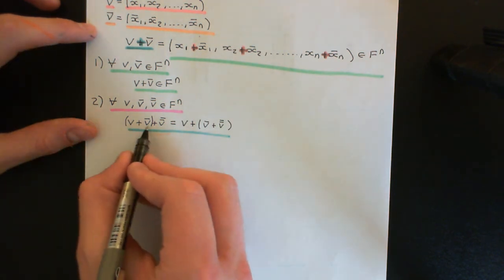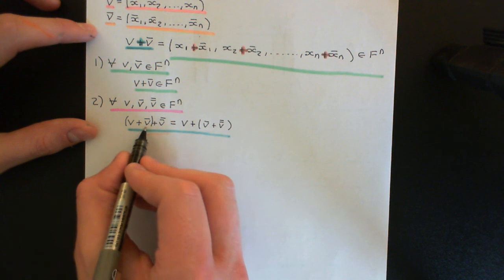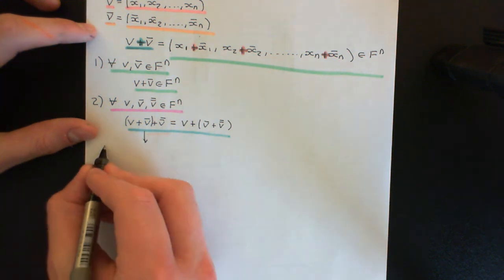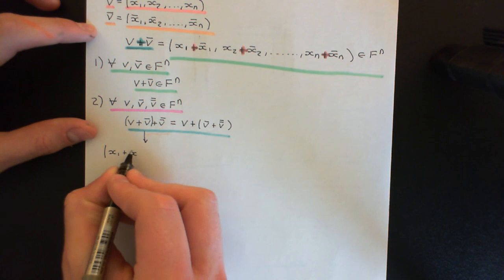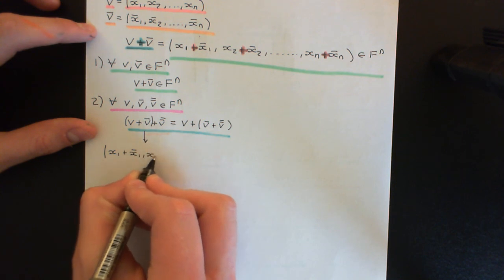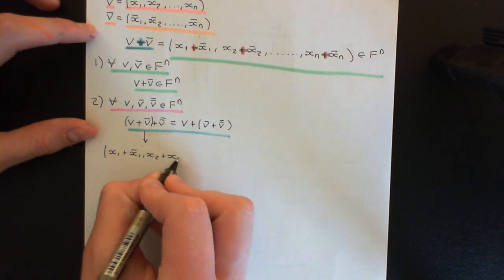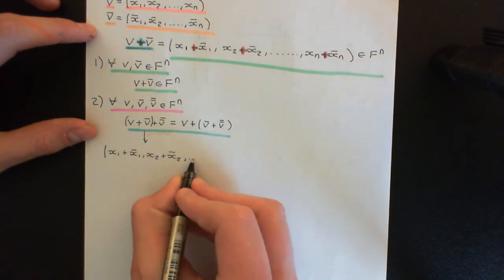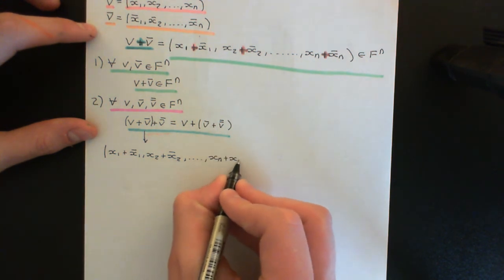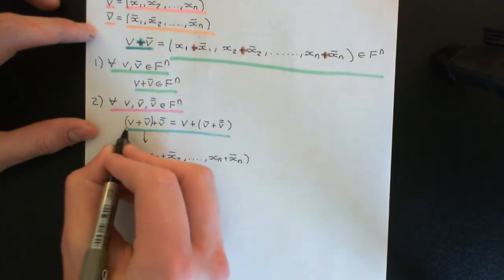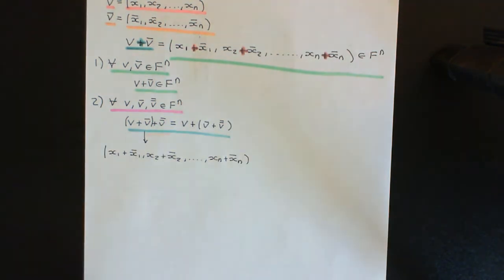If we're firstly adding v to v bar, that would give us the vector of the form x1 plus x1 bar, x2 plus x2 bar, and then you'd go all the way on till xn plus xn bar.